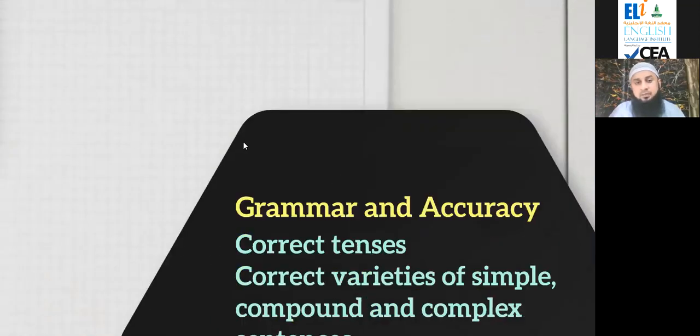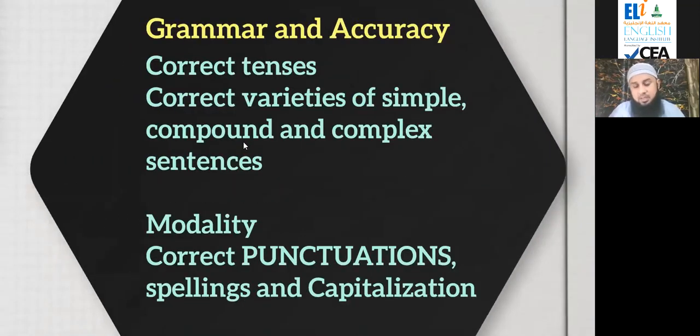After task achievement comes grammar and accuracy. As I said earlier, we had a session on Monday, we discussed the grammar is 4.5 bands and the accuracy is 4.5 bands again. So in grammar, they check your tenses. They should be correct tenses and varieties of simple, compound, and complex sentences. And then modality: should, could, might, must, these types of modal verbs.